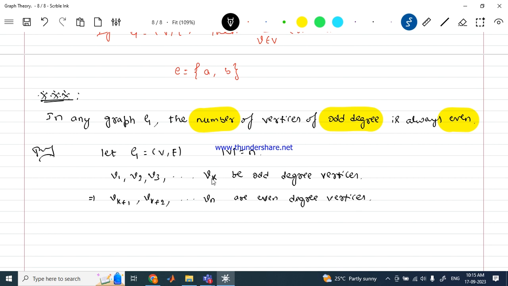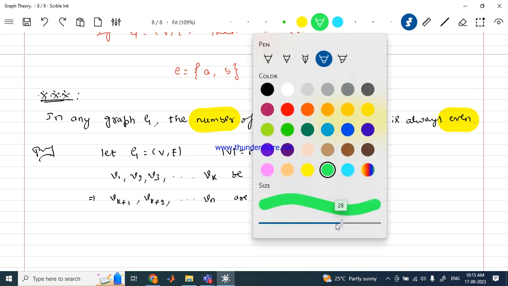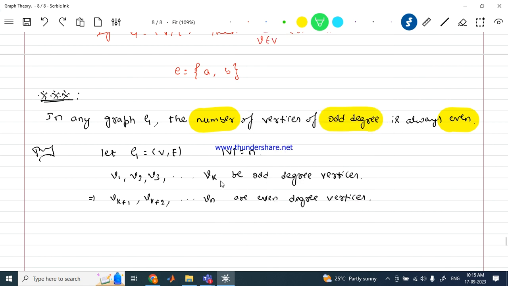Let me understand what we are supposed to prove. The number of vertices of odd degree is even, which means we just need to show that this k is an even number.